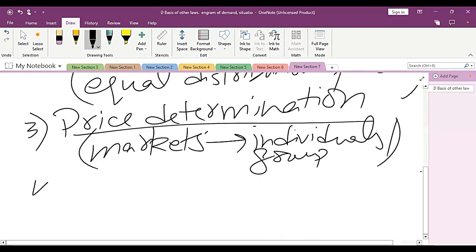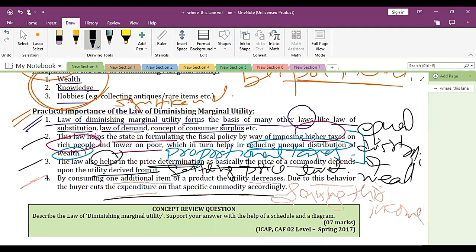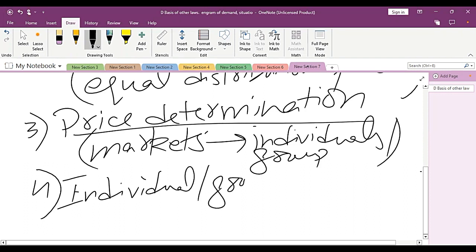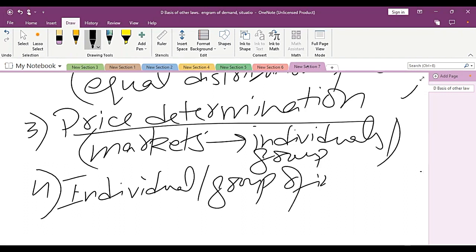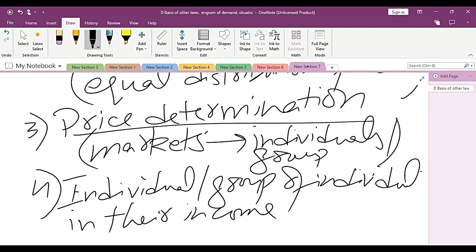The fourth benefit of learning this concept is that it helps an individual or a group of individuals in their income saving.